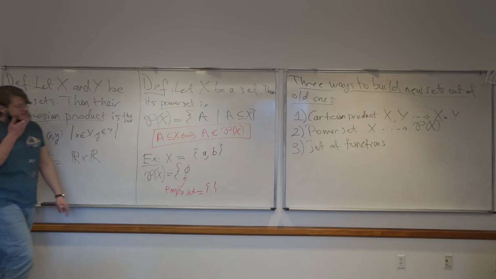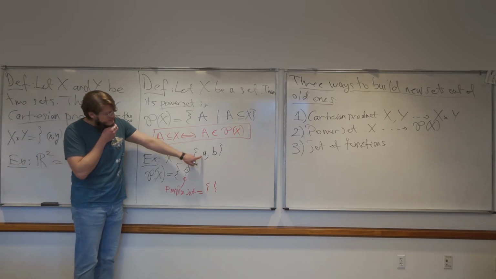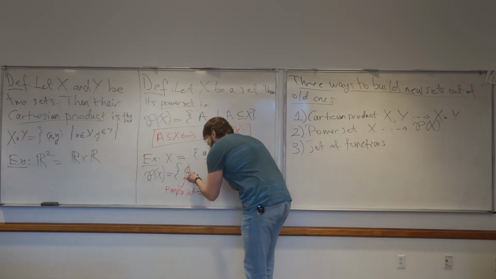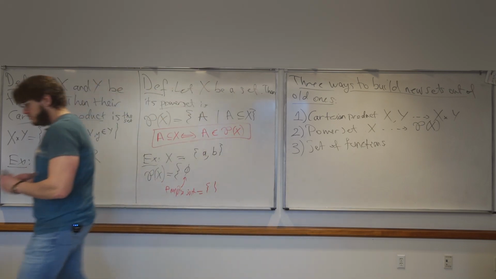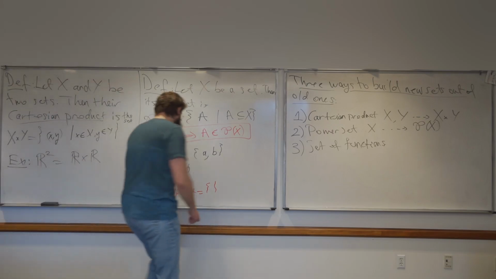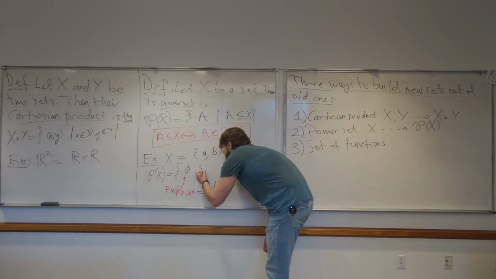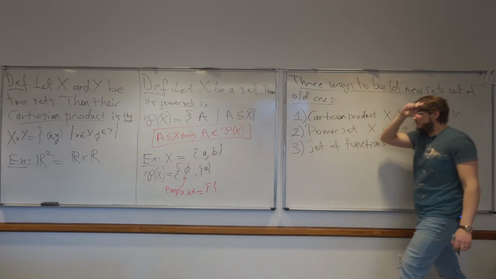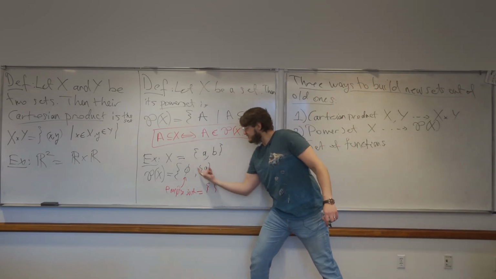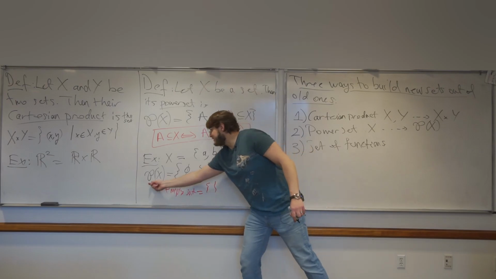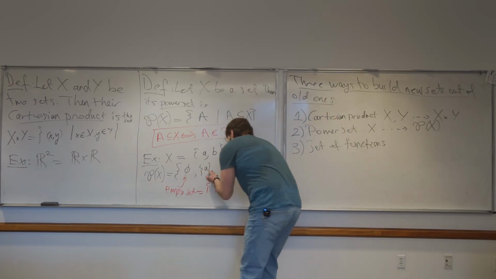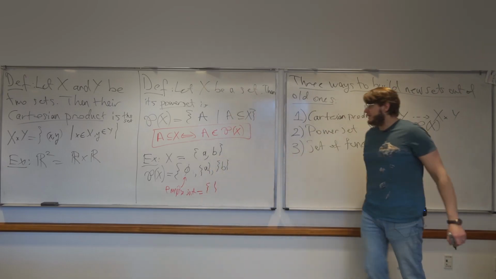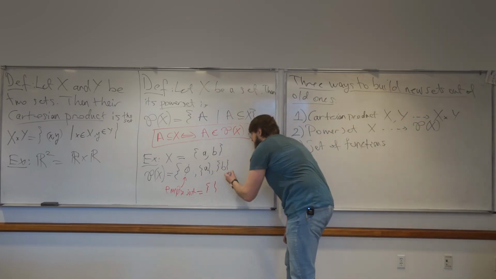But what else do we have? Well, we have the subset that contains only A. Okay, so comma. The subset that contains only A, you see, this is a subset of X, which means that it has to be an element of P of X. And there's another one, the set that contains only B, and then finally X itself.